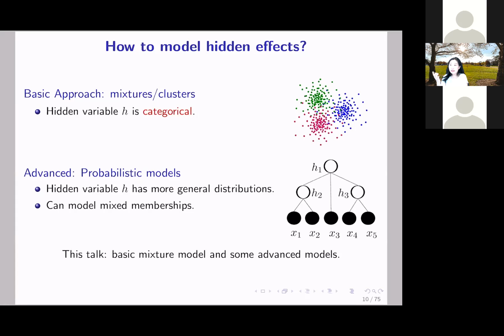It's just a probability. Maybe with some probability this point is coming from pink, or with another probability this point is coming from green, and so on, right? So with this probabilistic model, hidden variables can have more general distributions, and can also model mixed memberships, right? So it doesn't have to be either black or white, it could be gray, right?